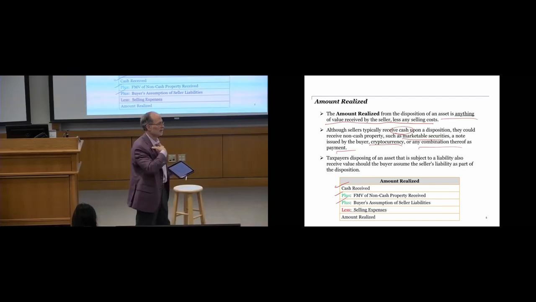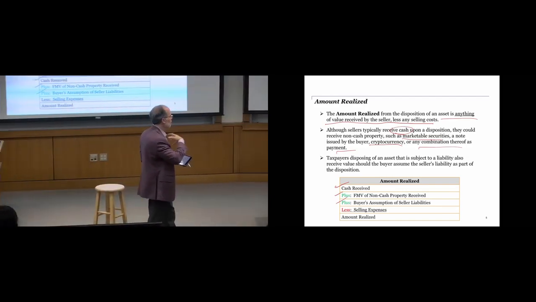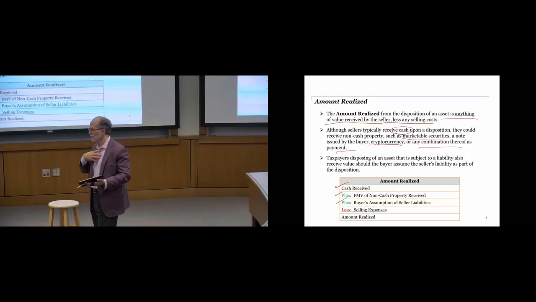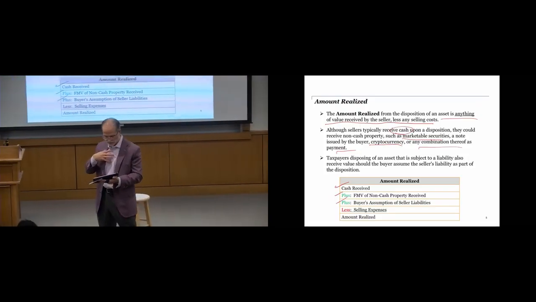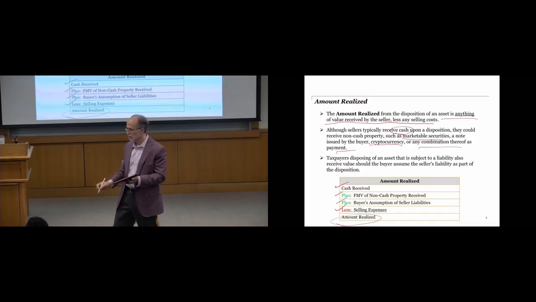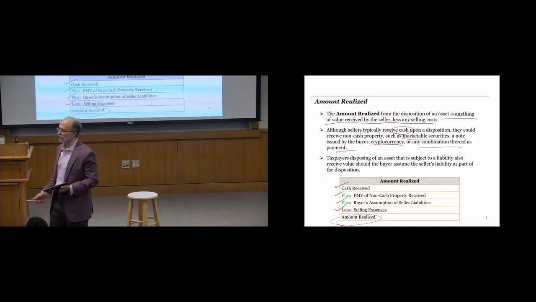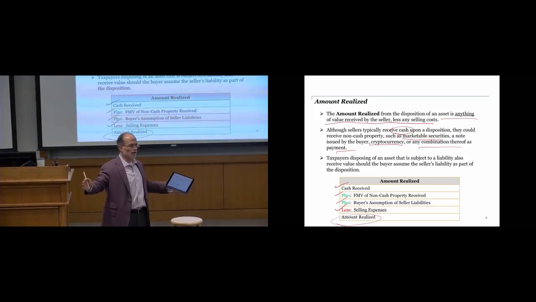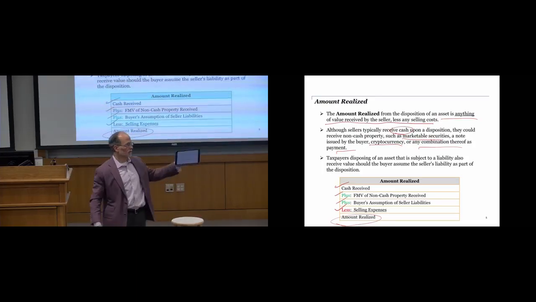I'm economically better off by no longer being liable for that liability. And then I get to subtract my selling expenses to get to my amount realized. Again, this is a fairly simple computation, but it's for every property disposition out there. That's why you saw it in individuals, that's why you see it in business.